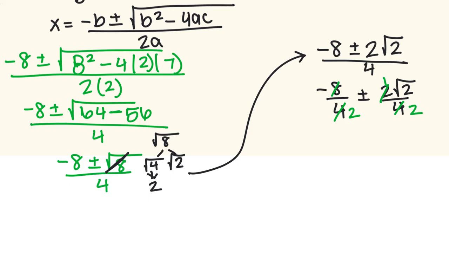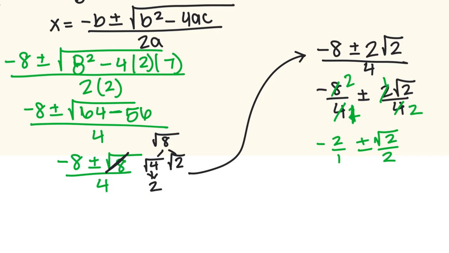No, it could be 4. This could be a 1. And this could be a 2. You could write it as negative 2 over 1 and square root of 2 over 2. Oh, plus minus. Plus minus 2 over 2. So you can write it that way.